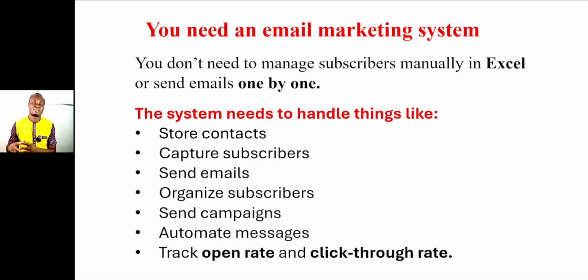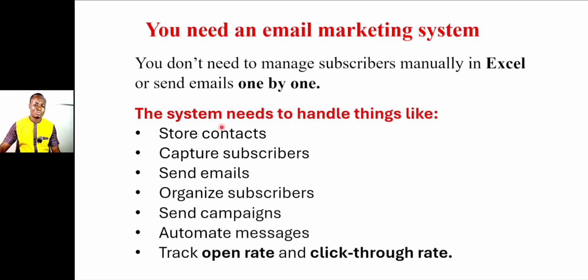An email marketing system is a system that does all those things automatically. So you don't need to manually send to each person one by one. You need a system that, even while you are sleeping, is doing its job, right?